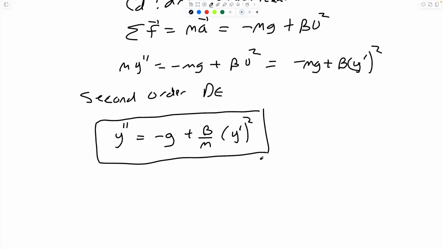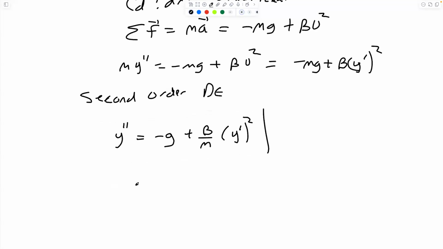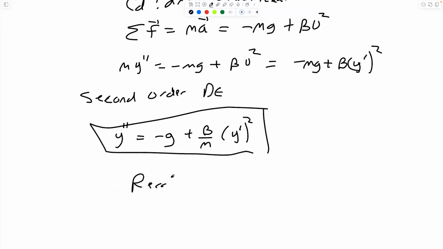It's kind of challenging to solve this. It's a second order nonlinear DE. It's actually easier to solve for v instead of y. And then once we get v, just integrate that to solve for y. So again, recall, v is just y prime.